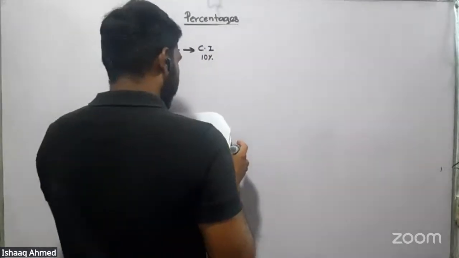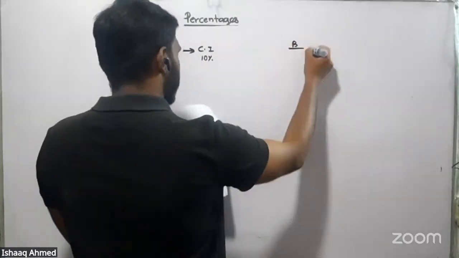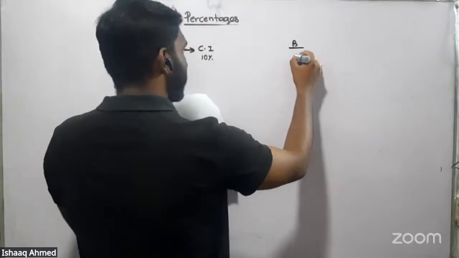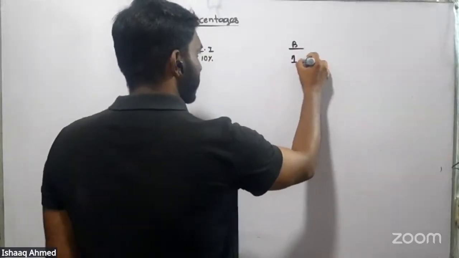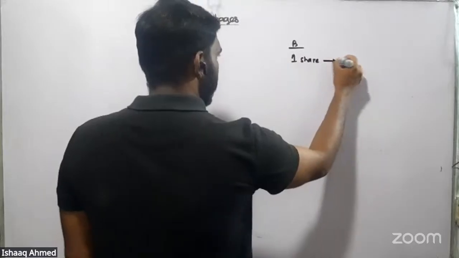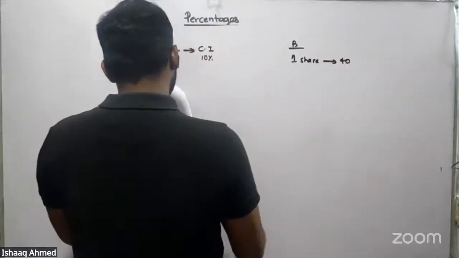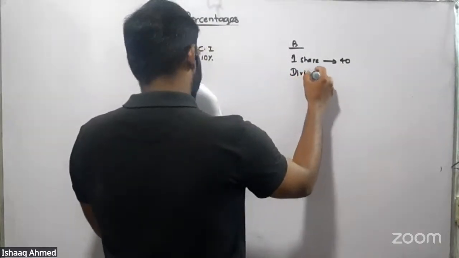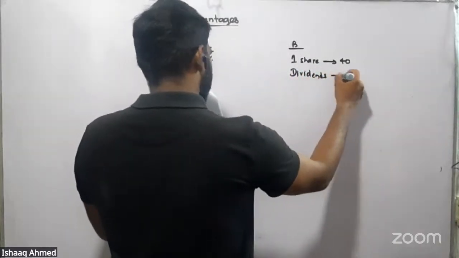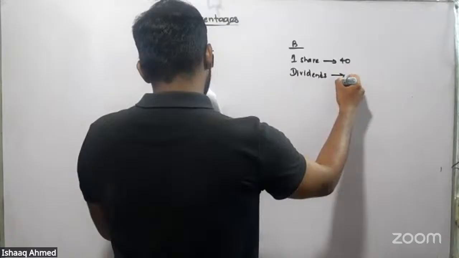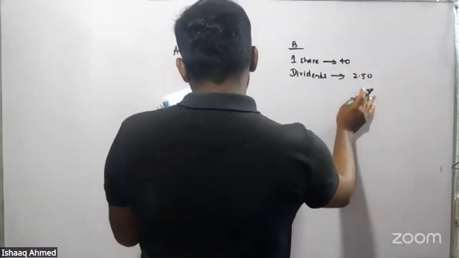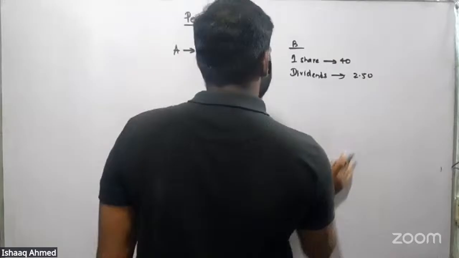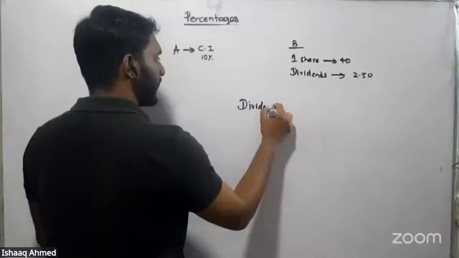The share of finance company B can be purchased for, so one share equals 40 rupees, and the annual dividend is 2.5 per share.